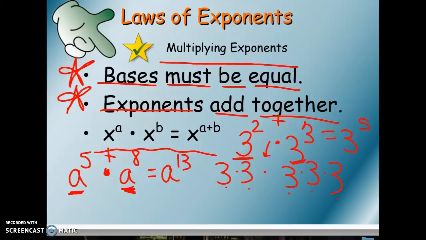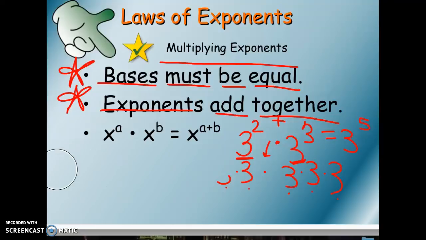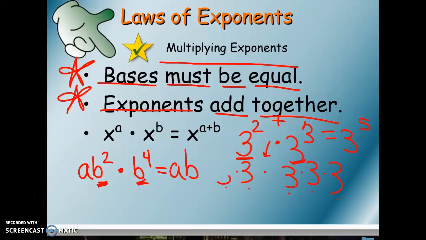Now it only works if they are the same base, so let's say I had a times b to the second power times b to the fourth power. I can add the b powers together, but I cannot do anything with the a, so that will be a times b to the sixth power.